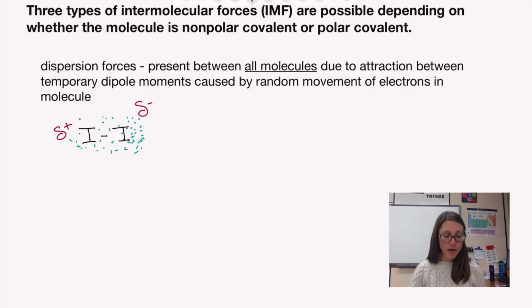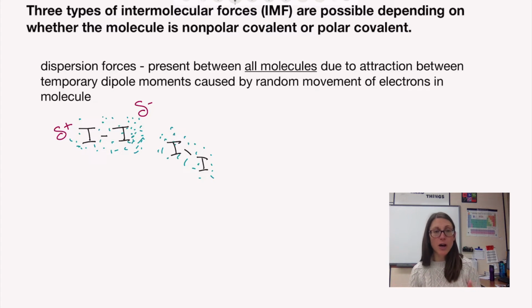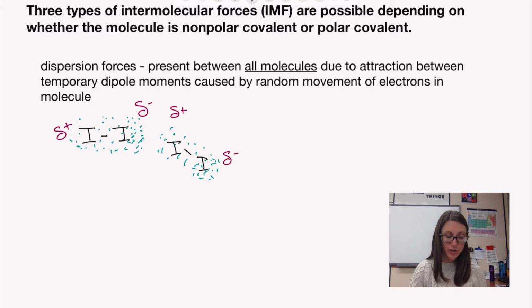Well, if there's a nearby iodine molecule, this also had electron density around it. But now the partial negative charge on that first iodine is going to repel the electrons in the neighboring iodine, causing those electrons to slosh. And thus, this iodine ends up with a partial positive and a partial negative charge as well. Now I've got a positive and a negative charge that are close to one another, and these can attract.